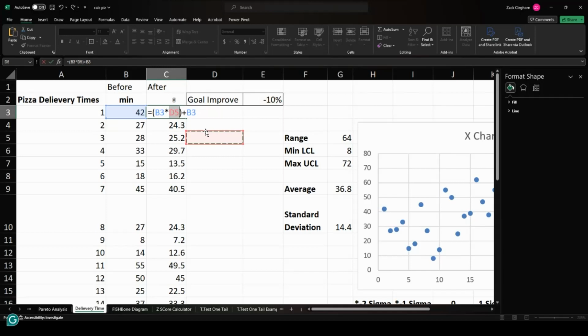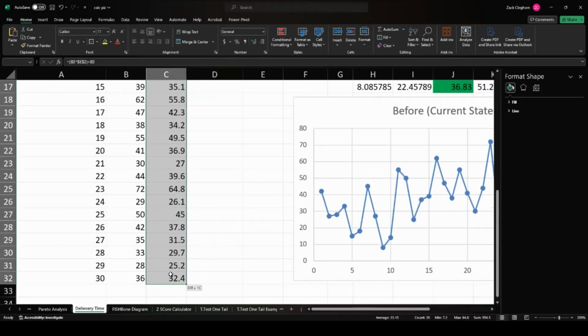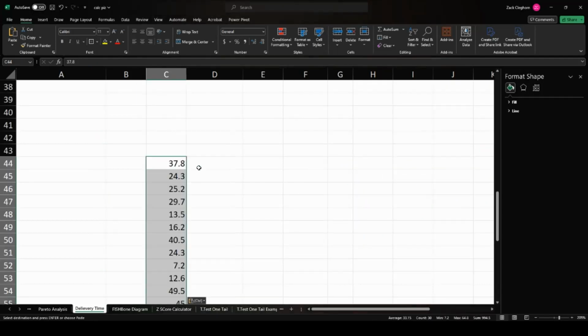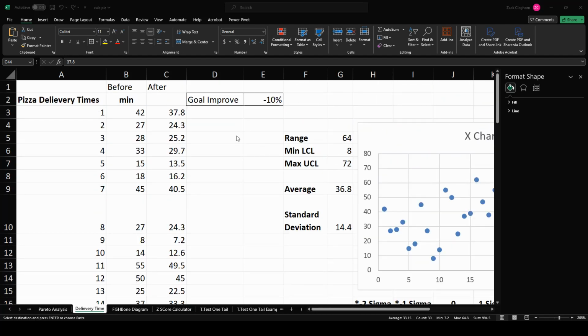I can also come in here and do this too. I think this might help. These are the variables that I got after I did 10%, just for some of you that may be struggling with it a little bit.